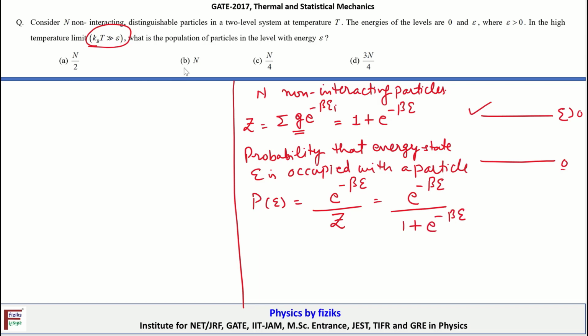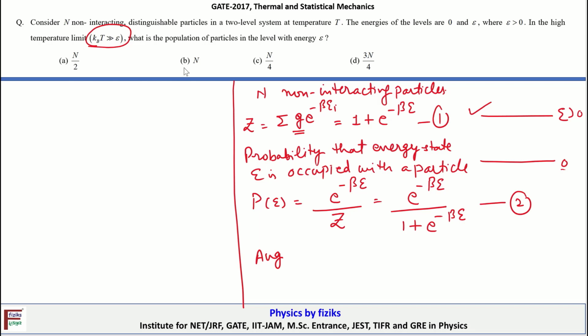Now the average number of particles in state E. This is merely the probability. Let me call this equation 1 and this equation 2. Equation 2 simply represents the probability that this energy state will be occupied.